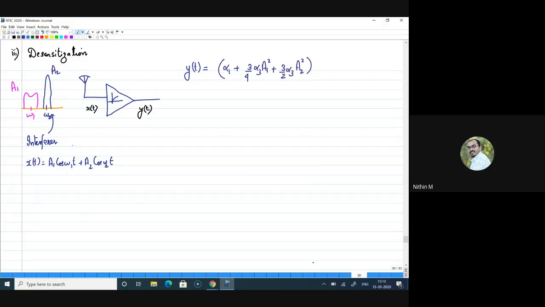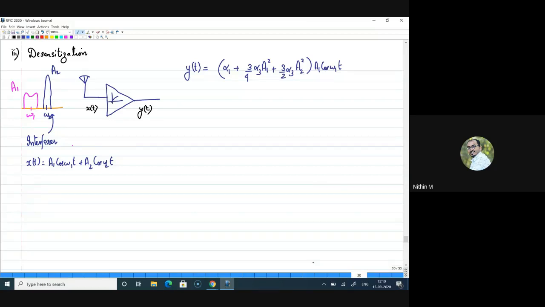This is the fundamental term into a1 cos omega 1t. So in the presence of two signals, the coefficient along with the input signal at the output fundamental component will be alpha 1 plus 3 by 4 alpha 3 a1 square plus 3 by 2 alpha 3 a2 square.